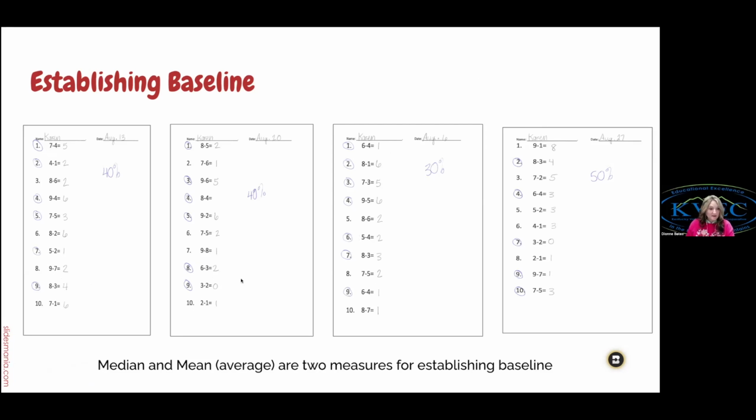So this one is a math probe, right? And we're looking at Karen, and we're looking at how Karen's done on subtraction. I want you to take just a second and think about what we're going to do. If we've given her these 4 separate probes, how are we going to calculate the baseline?